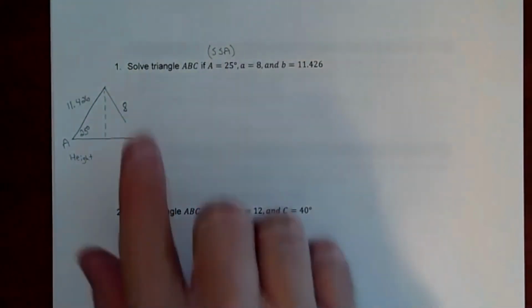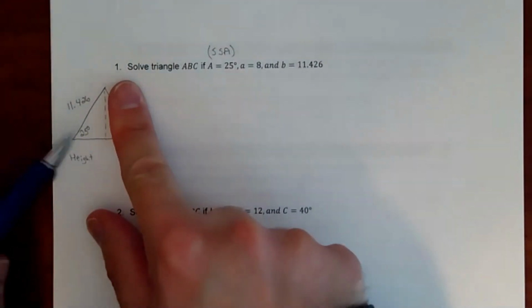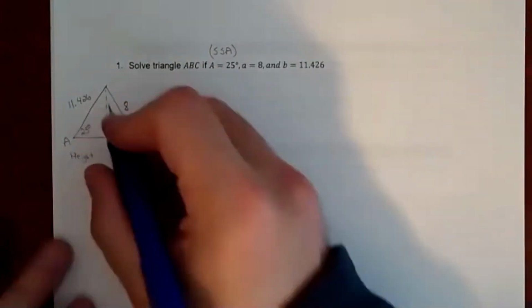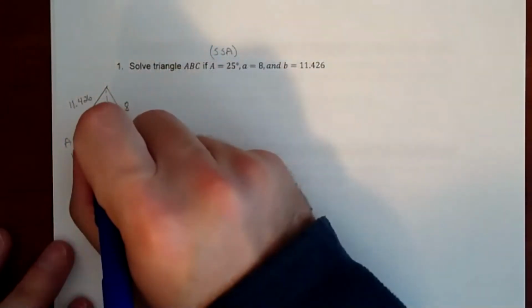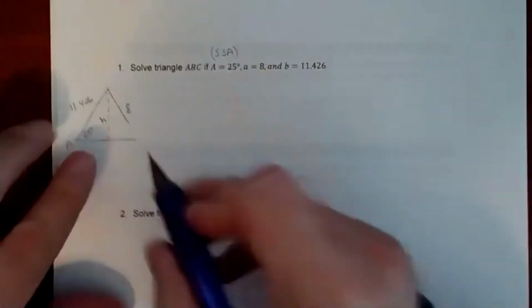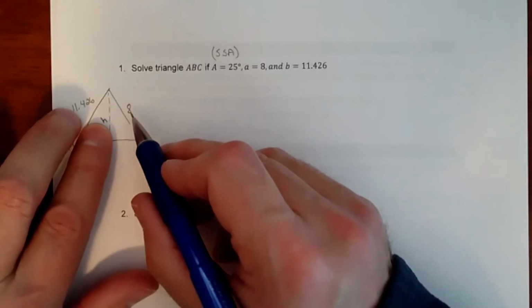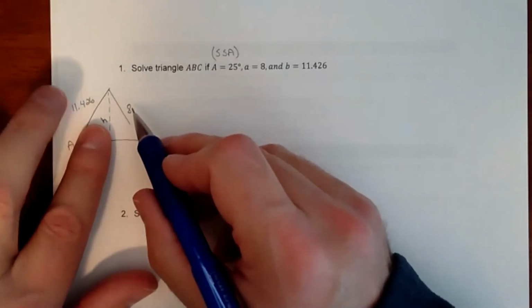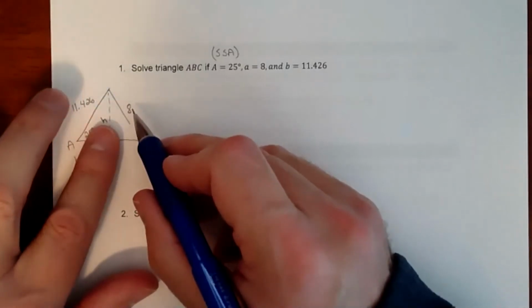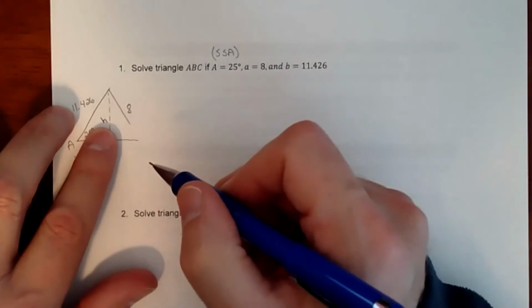Here's how I find it. I basically have a right triangle right here, and I want to find that height. This is just a little extra piece that I have to find that doesn't have anything to do with my final triangle. I just need to see if 8 is in between these two values. That's the Goldilocks, the just right, not too cold, not too hot. Is 8 right in between these two? If it is, we have 2 triangles.